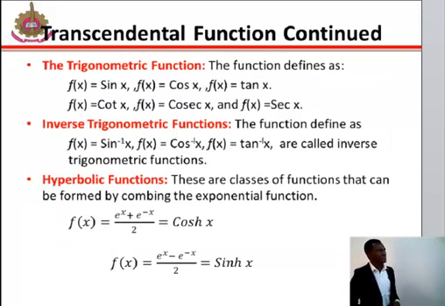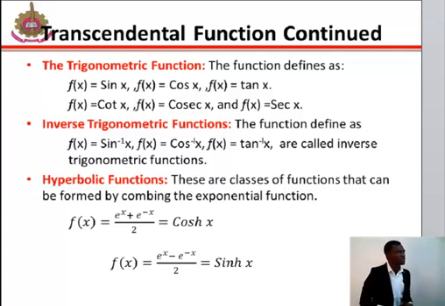Trigonometric function. Any function which is of the form f of x equals sine x or cos x or tan x or cot x or cosec x or sec x is referred to as a trigonometric function.